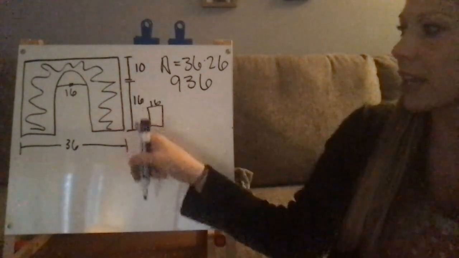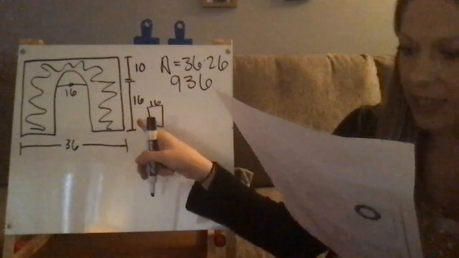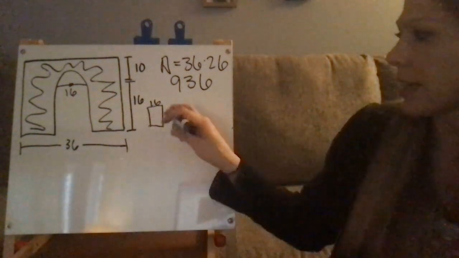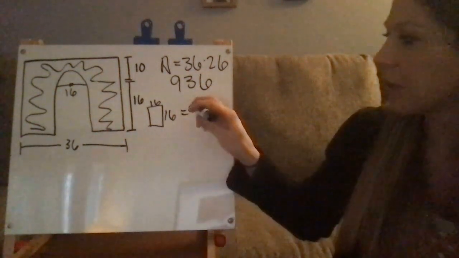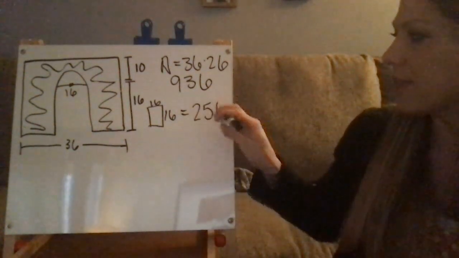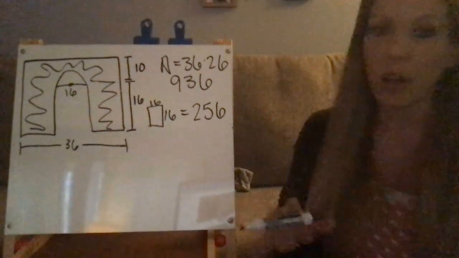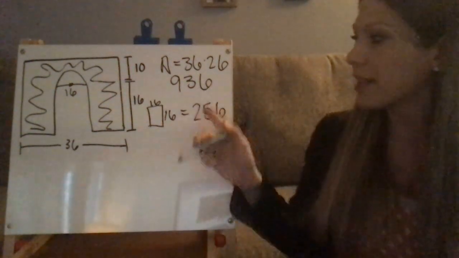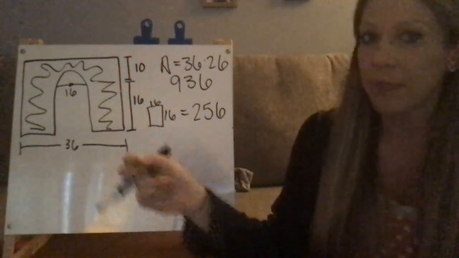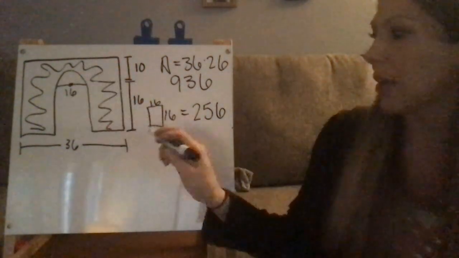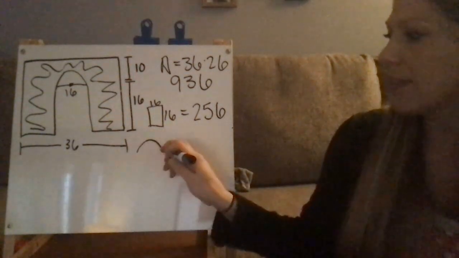And by looking over here, we can see that the height is also 16. Doesn't look like a square, but apparently it is. So the area of that little rectangle would be 256. So when we're all done with this, we want to subtract that from the total because we are not painting that piece. Now, we also want to subtract out this semicircle or this half circle.